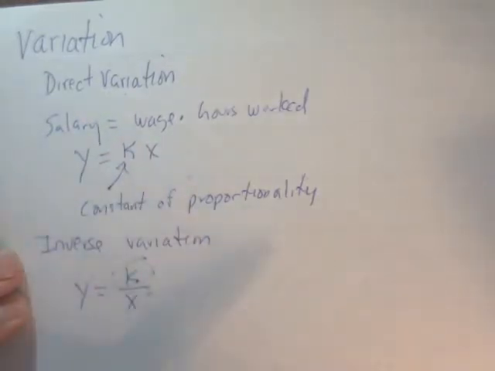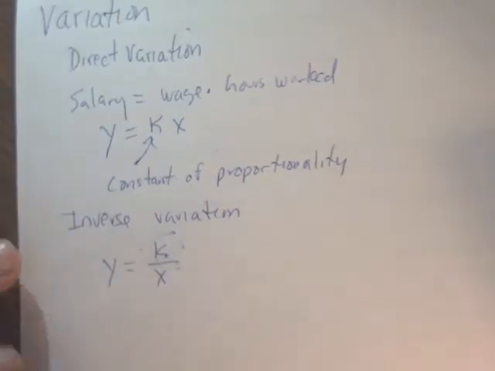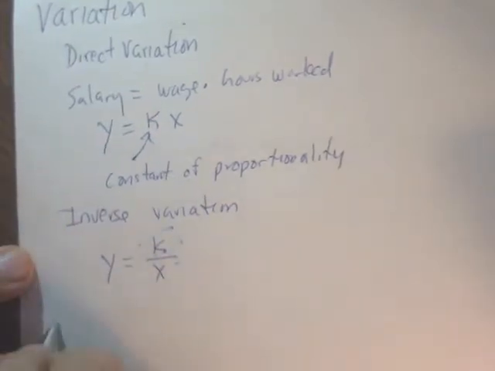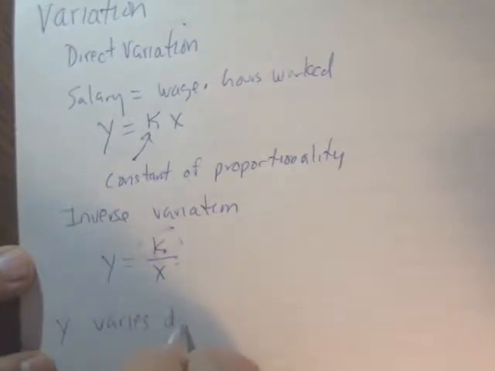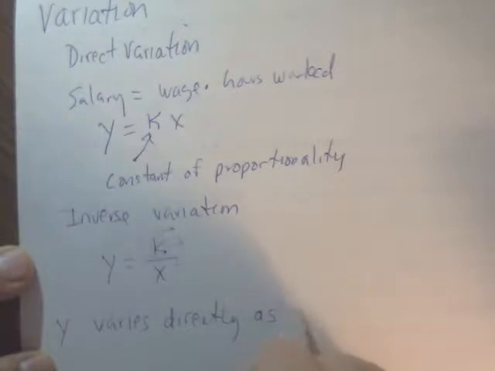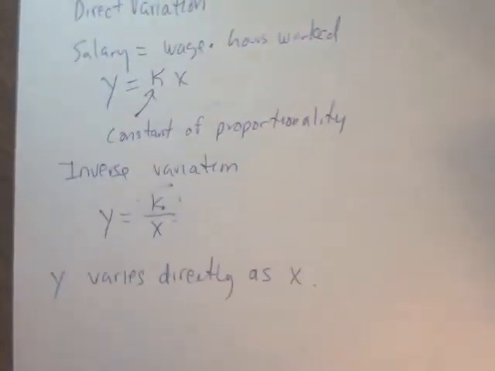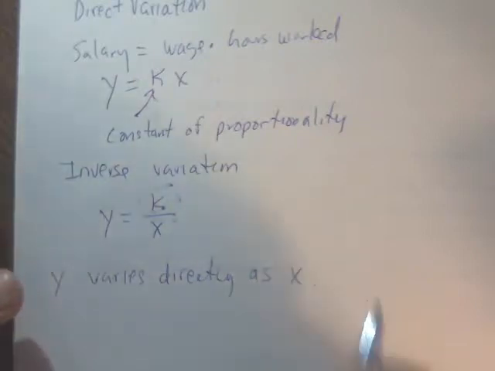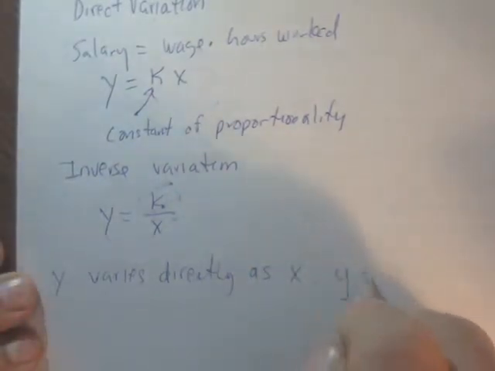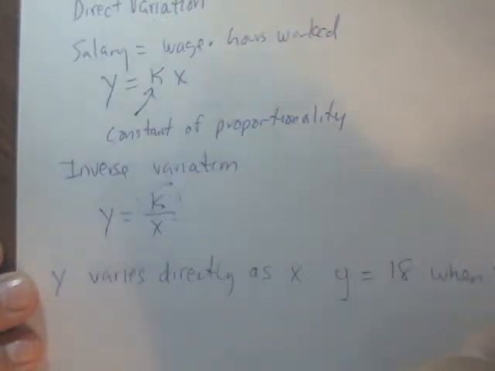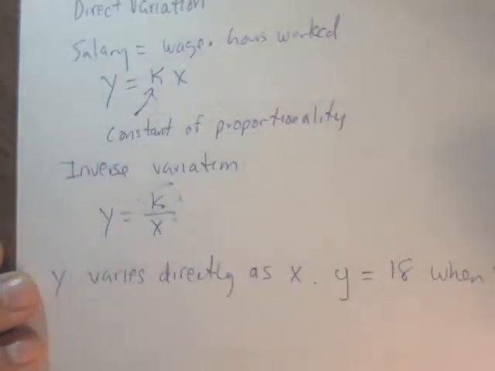So let's look at an example of what I'm talking about. So let's just say y varies directly as x. Okay, so they've got to state that to give you a qualifier. Y is 18 when x is 6.